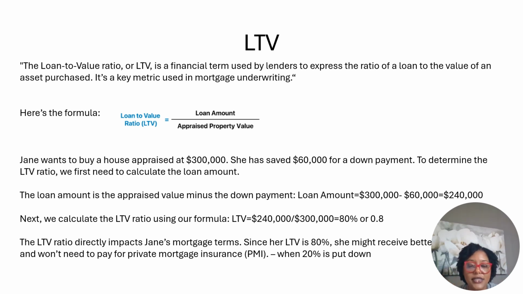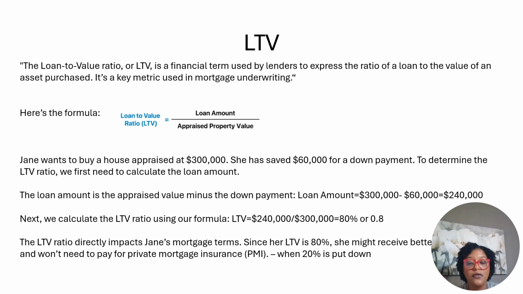So below the example is Jan wants to buy a house appraised at 300,000. She has saved 60,000 for a down payment. To determine the LTV ratio, we first need to calculate the loan amount. So the loan amount is the appraised value minus the down payment. The loan amount is 300,000 minus her $60,000 down payment.